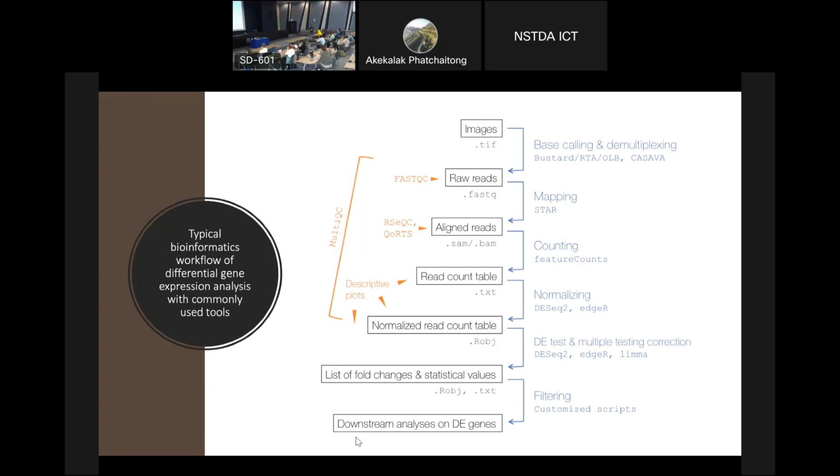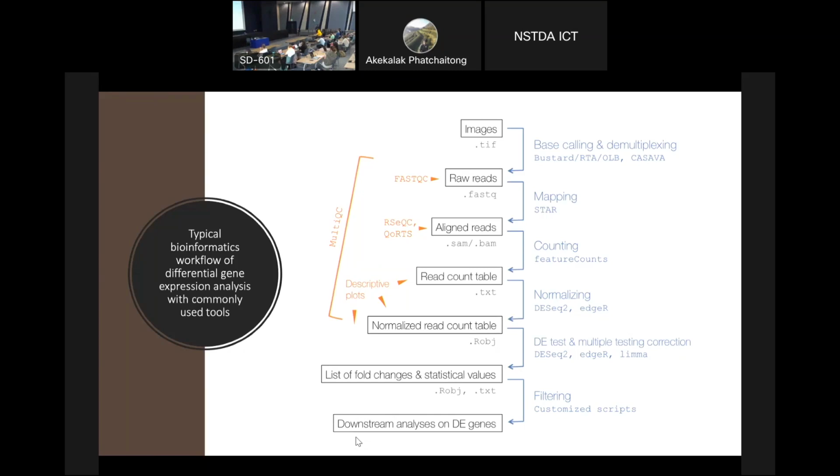And if you're satisfied, then you move on to the next step, which is to actually identify the differentially expressed genes. That's the step that you're finally interested in. So you do the DE test and multiple testing correction. We'll go through this later. Again, you can use DESeq2, edgeR, or limma, and you'll get a list of fold changes and statistical values, or essentially genes that are differentially expressed. So that's what you've been waiting for.